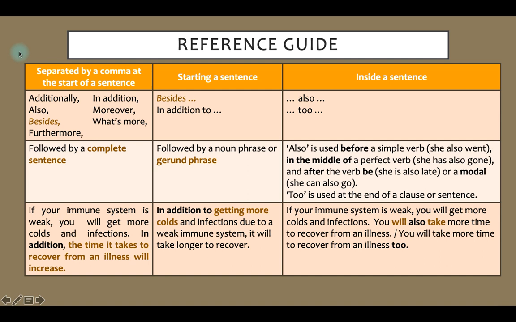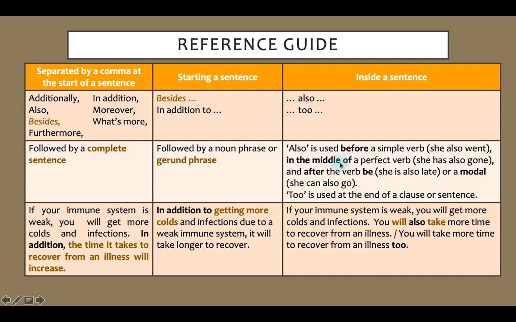So this is a reference guide that I put together to help you have all of this information in one place. You can see that I added the "besides" into these two sections. This is how they are structured. So for the "also," there's a lot of information here because the location of "also" in the sentence can change a little bit. It's used before a simple verb, like "she also went."